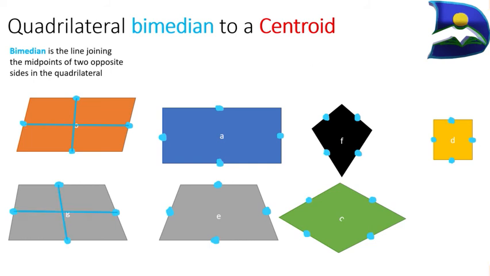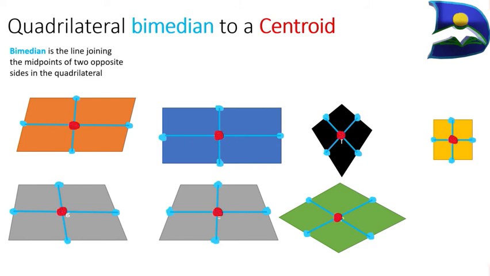and in here we have two bimedians, as well as in the gray shape, the rectangle shape, this other gray shape, this particular kite, the green shape, and the yellow shape right here.